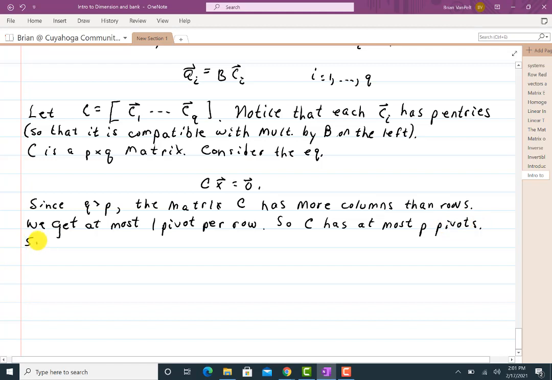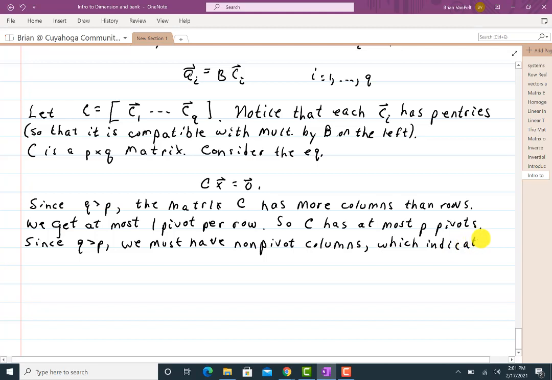However, since q is greater than p, we must have non-pivot columns, which indicate free variables.